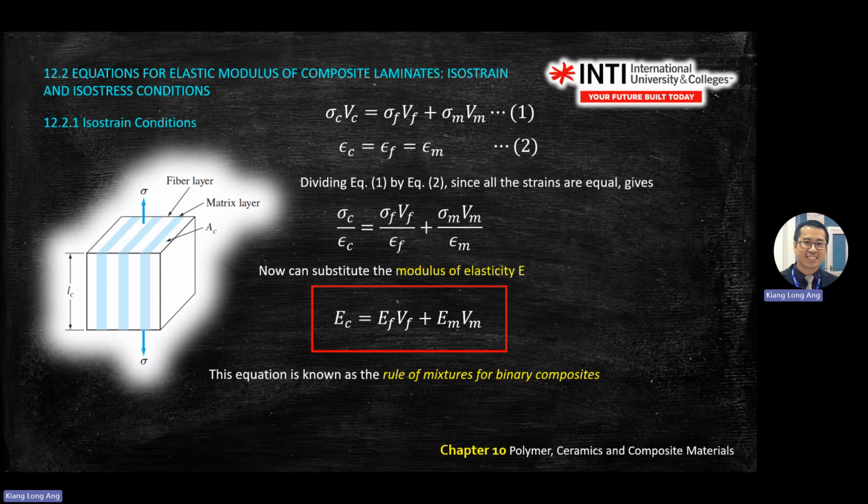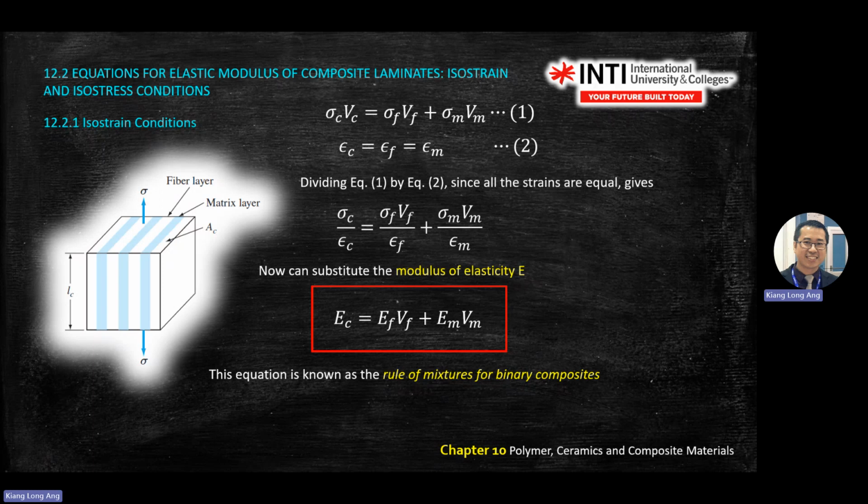You're going to use this equation. Elongation, modulus Young of the composite, which is the total composite, will equal to modulus Young multiplied by the volume of the component. So you know that your composite consists of two things only, which is fiber and matrix. Matrix is the resin.